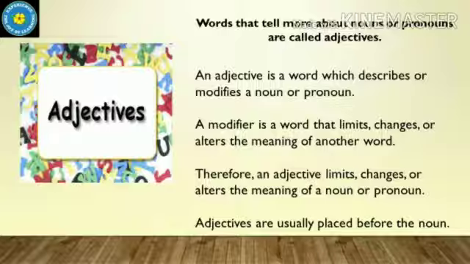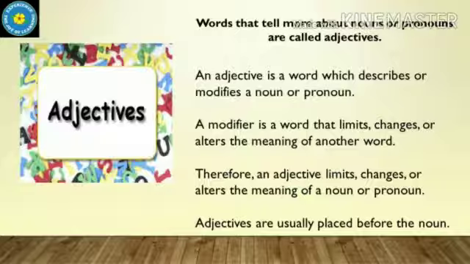The next part of speech is the adjective. Adjectives are words that tell us more about nouns or pronouns in the sentence. It describes, or you can say it modifies. Modifies is nothing but it changes, it alters the meaning of another word.